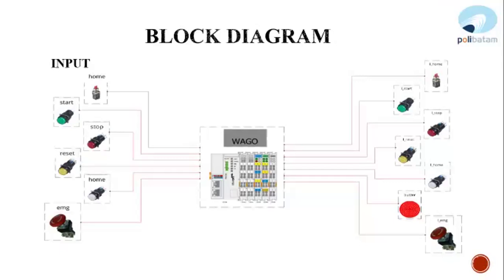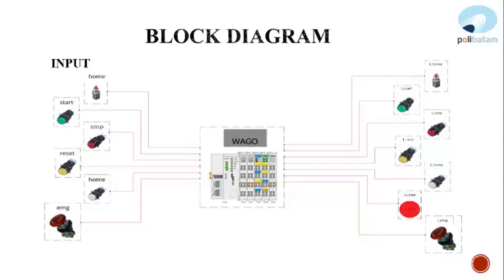So in this block diagram, the input buttons connect to Wago, and all the components connect to Wago. So in this project, Wago connects to PLC Siemens S7-1200, which has a communication internet with Wago.